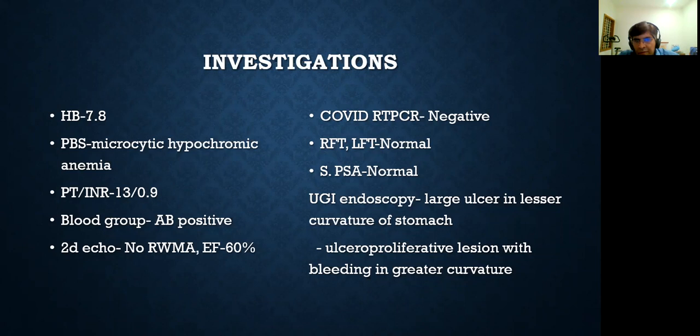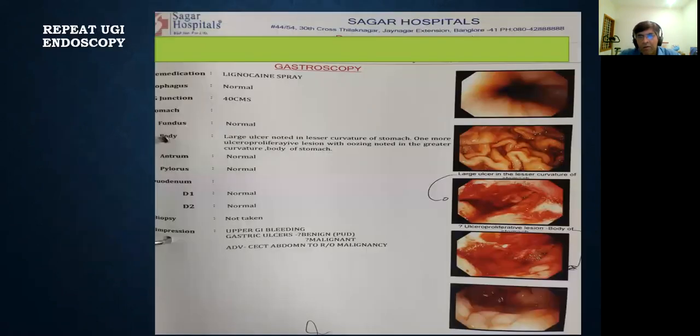Upper GI endoscopy was done for evaluation of melena as well as anemia, and it showed a large ulcer in the lesser curvature of the stomach and an ulceroproliferative lesion with bleeding in the greater curvature. There was bleeding, and they were not able to take a biopsy. So repeat endoscopy was done, and biopsy was taken.